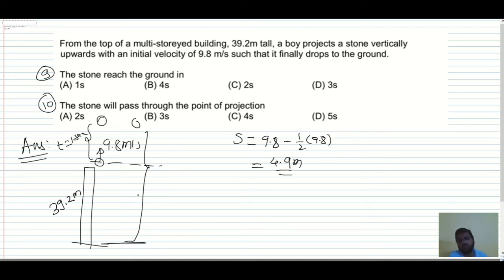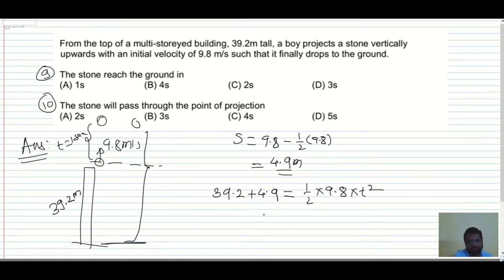So the total distance we have is 4.9 plus 39.2, that is 4.9 plus 39.2 plus 4.9. This is the displacement we have. Initial velocity is 0, so half into g, which is 9.8, into t square.